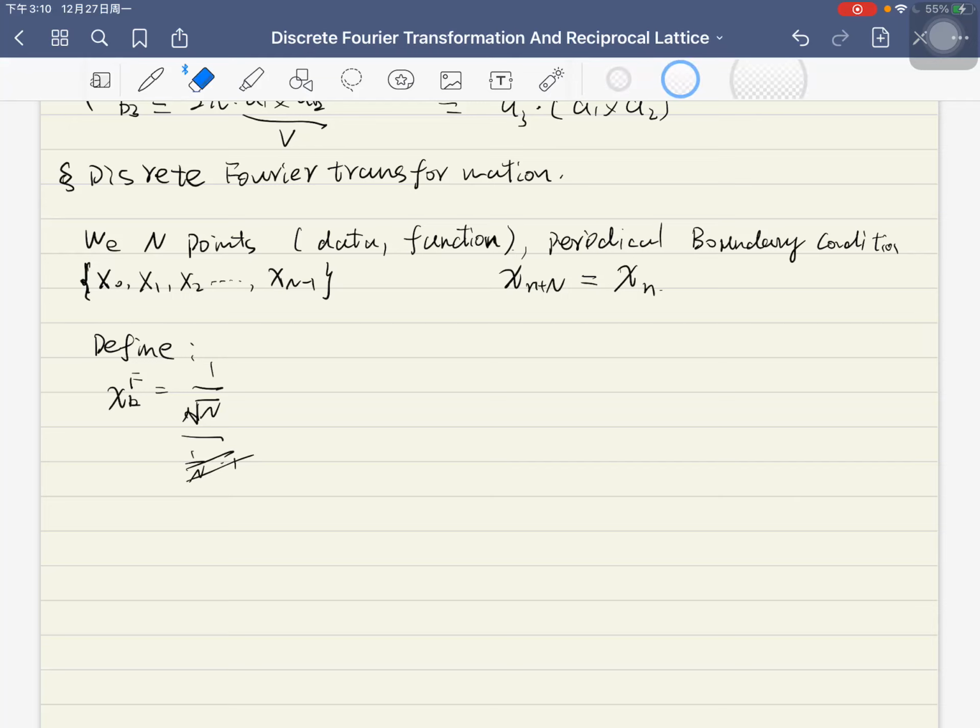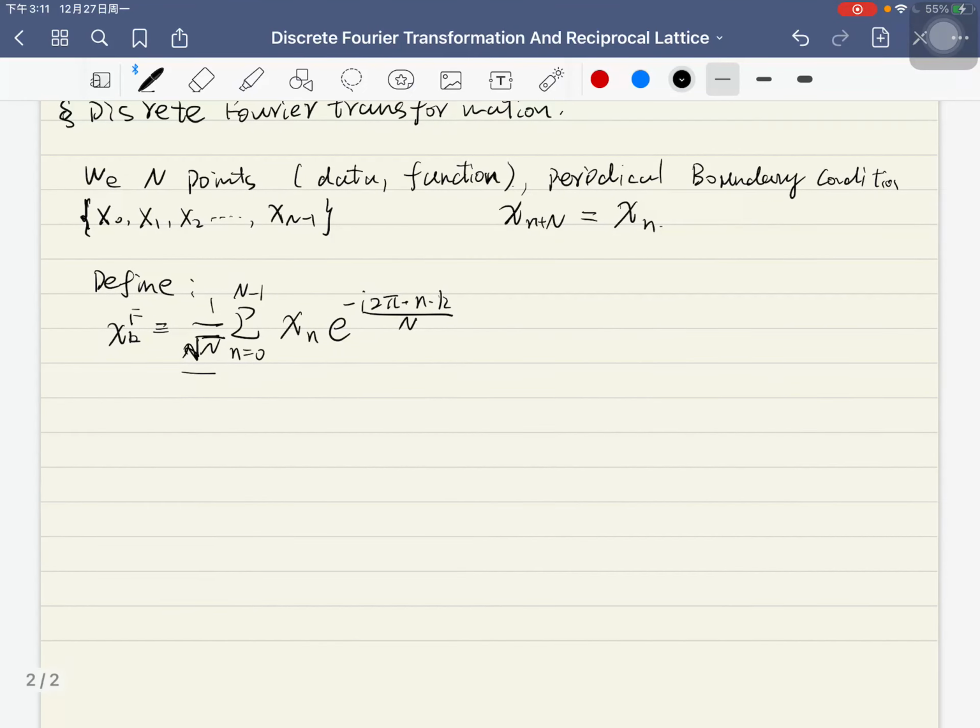They are all okay, but in physics we often define it with 1 over square root of N, the sum over n from 0 to N minus 1 of x_n e to the minus i 2 pi n k over N. There are some properties of this term.